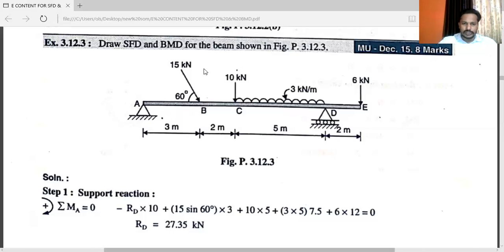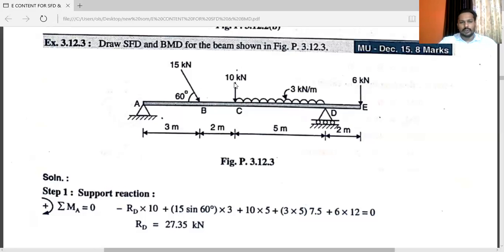Next, 15 sin 60 is acting vertically downward, and it will move in the clockwise direction. So 15 sin 60 degree into the perpendicular distance, which is 3 meters, so into 3.